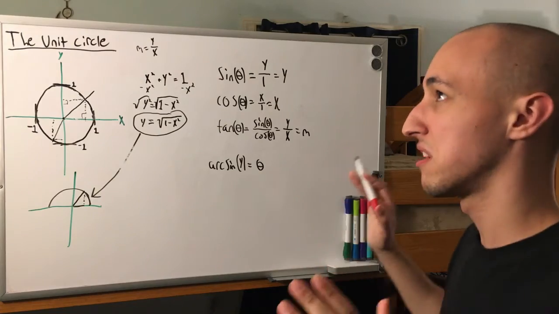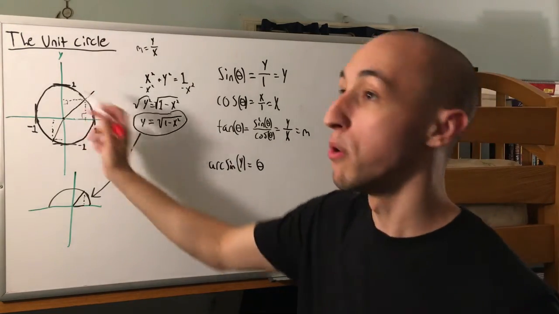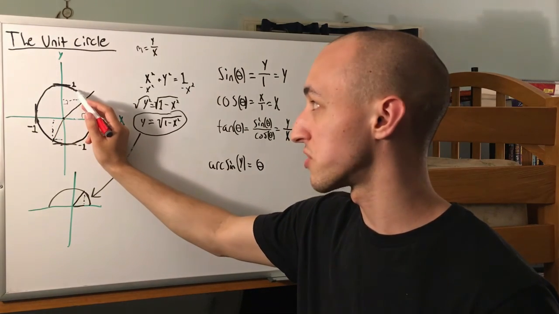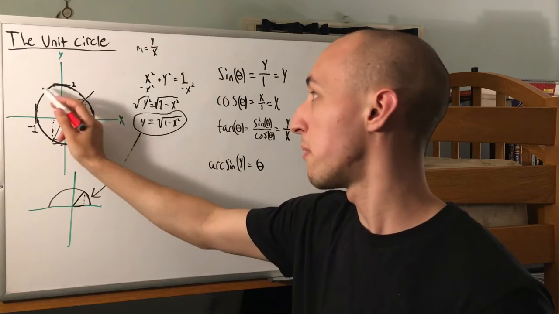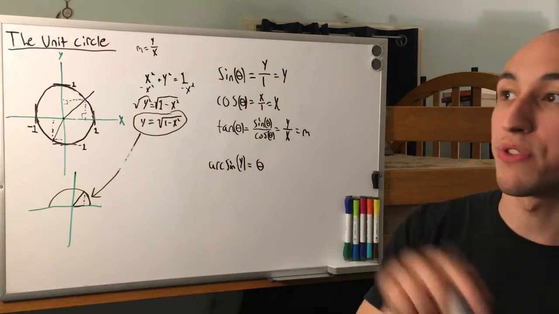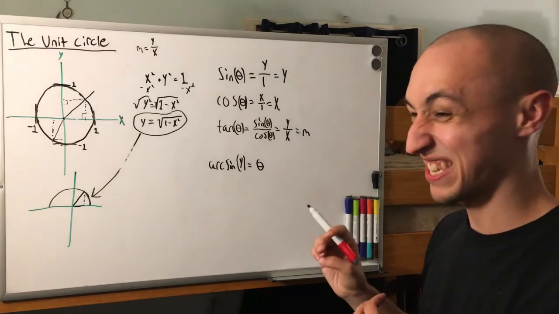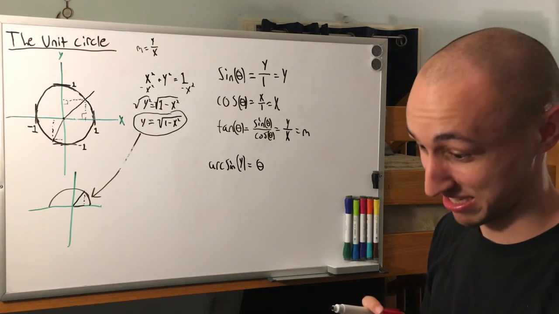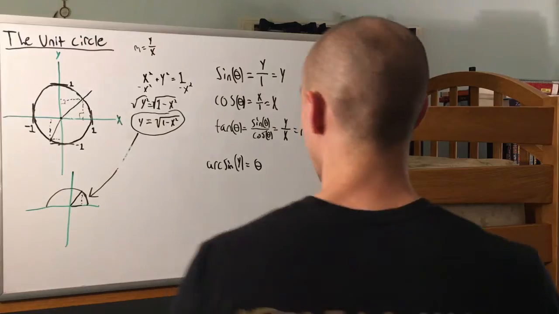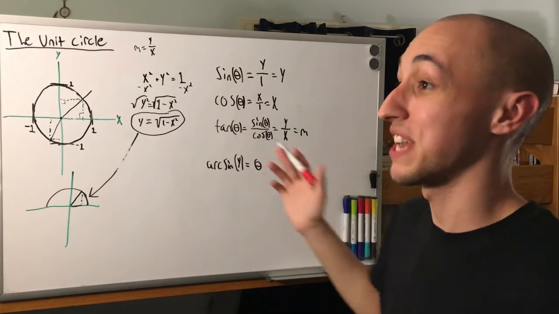Now, of course, this does get confusing, okay, because there's going to be two of them. So, you know, let's say our y is square root of 3 over 2. There's actually two different points where y equals positive square root of 3 over 2. So basically, you're going to have to know the context of such a thing. Yeah, so the arc sine is going to give you two different answers.